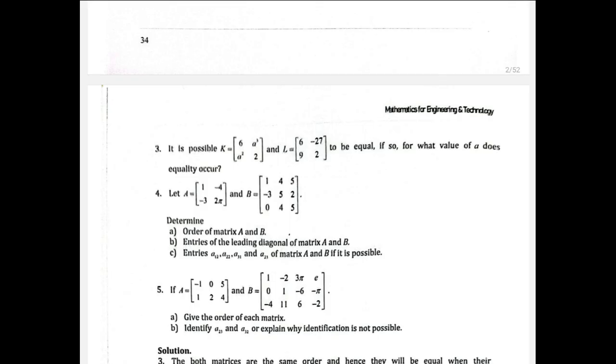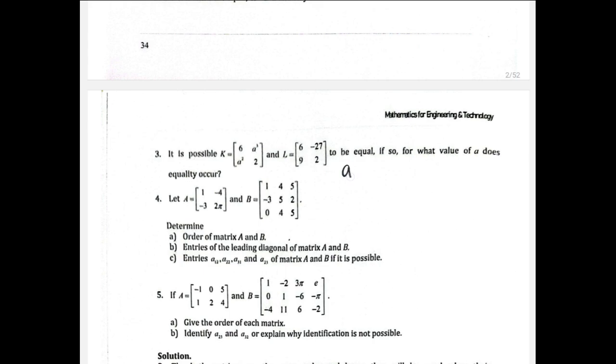Basically, we want a to the power of 3 equal to negative 27 and a to the power of 2 equal to 9. Alright, try to refer to this one.